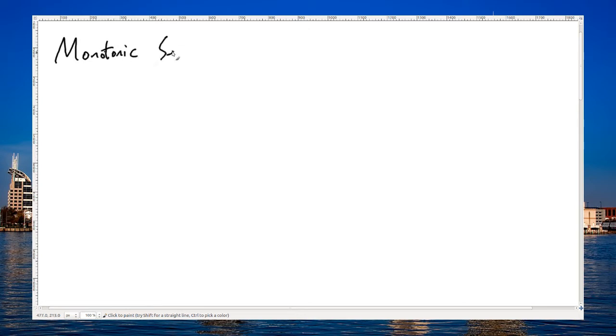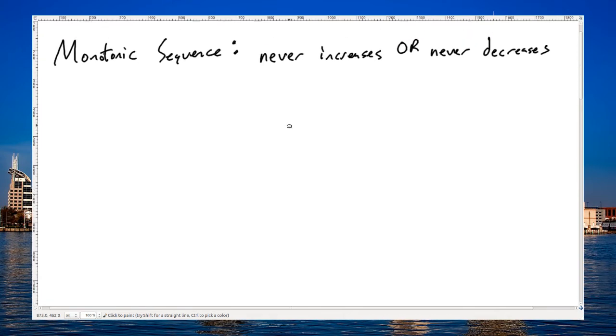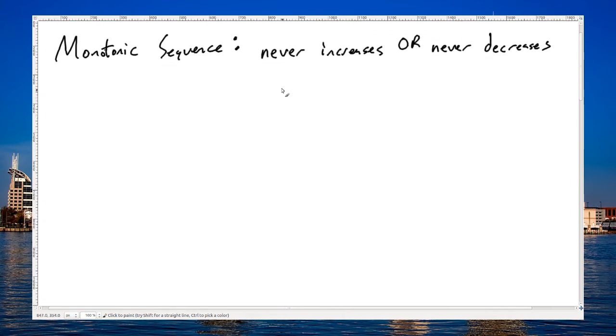A monotonic sequence has the property that it never increases or it never decreases. All right, and so there's two pictures of monotonic sequences. There's the picture of the monotonic sequence which never increases, and we call that, well, non-increasing.